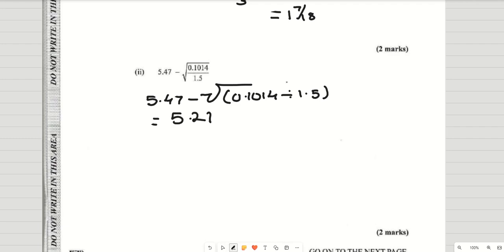You can do this part first, say the square root of, open bracket, 0.1014 divided by 1.5, close bracket. You know that this part here is 0.26, right?